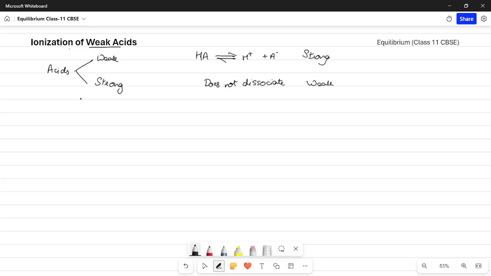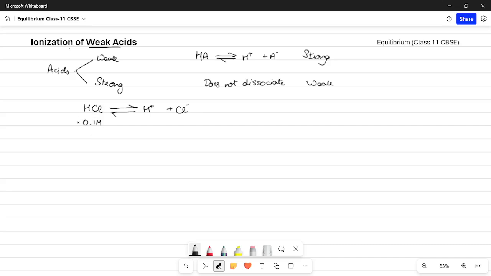So let's think about a random acid. Let's say, for example, you have HCl. Now, HCl in water will completely dissociate to give us H plus plus Cl minus ions. Let's say in the beginning you had HCl of a concentration of 0.1 molar.